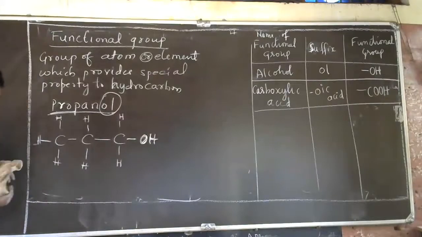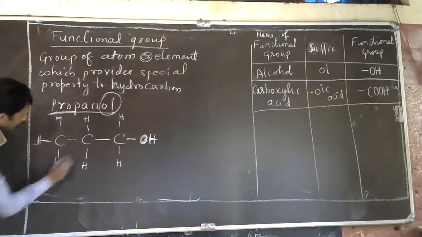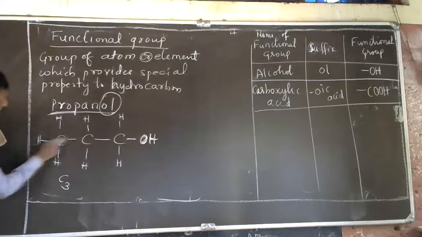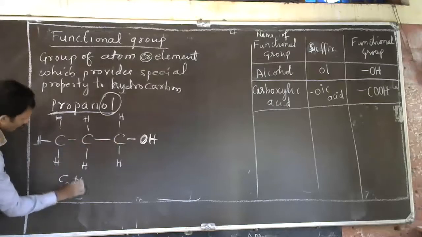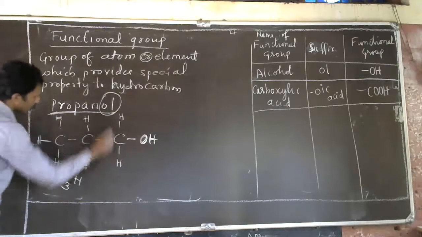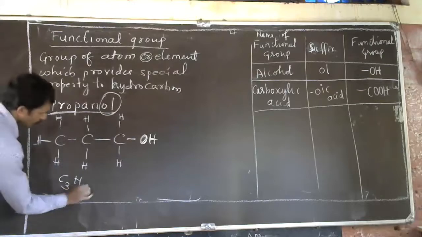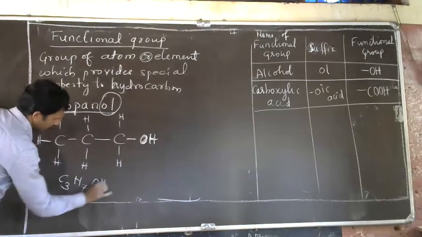Here, the molecular formula I didn't write. C3 are there. H how many are there? 1, 2, 3, 4, 5, 6, 7. Okay, 7 is there, and OH. This is the molecular formula.